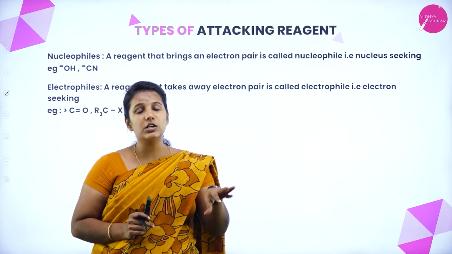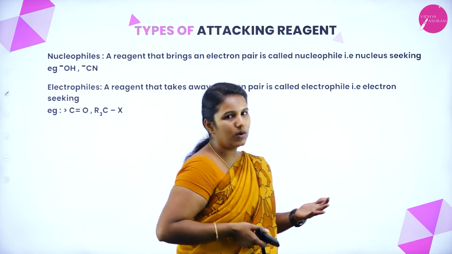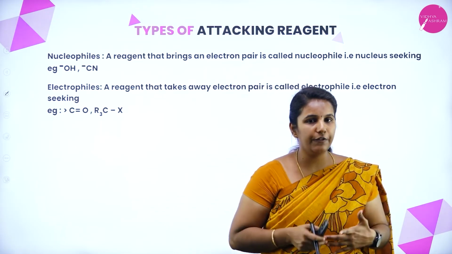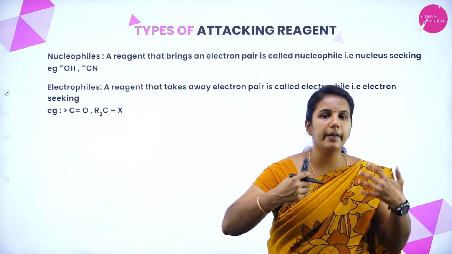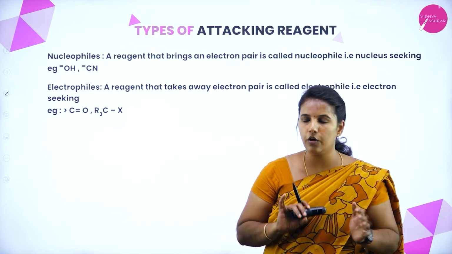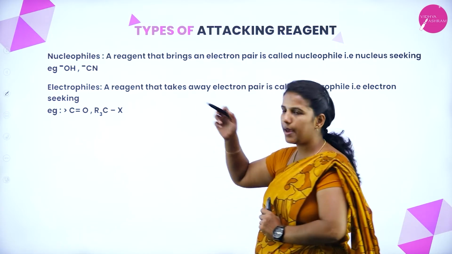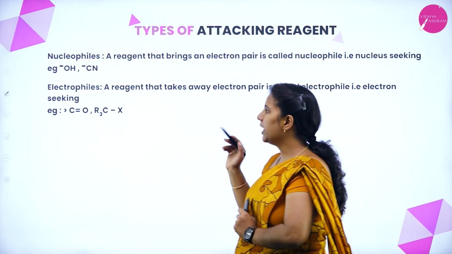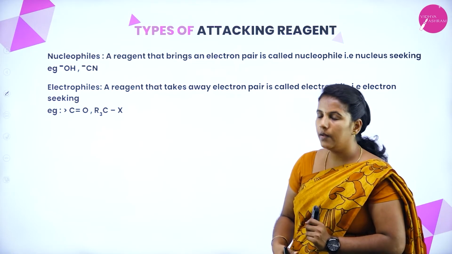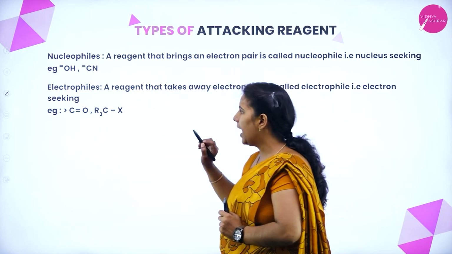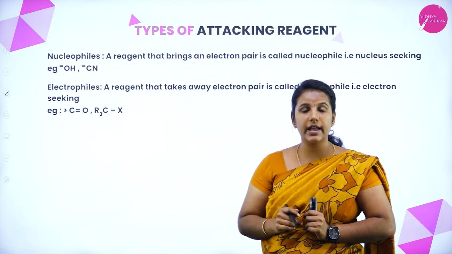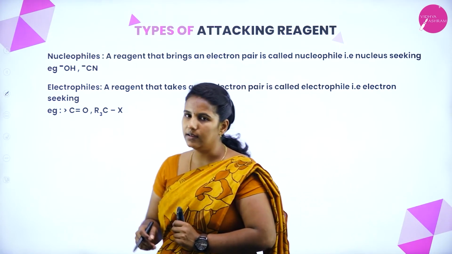Whereas electrophiles are those compounds which are always loving towards the electron because of the deficiency. They are capable of accepting the electron. You can see that OH minus and CN minus are examples for the nucleophile, whereas for the electrophile you can see C double bond O keto, R3C and X. They are the examples for the attacking reagent.